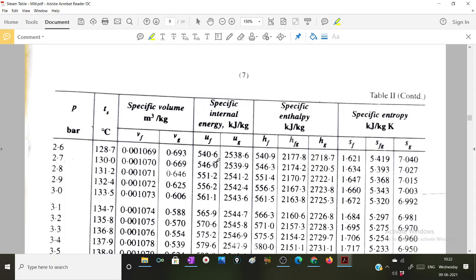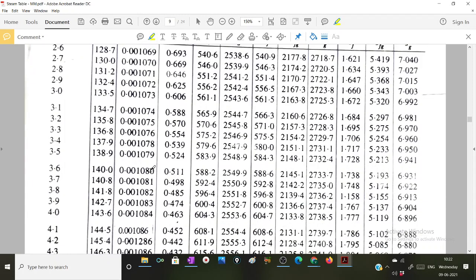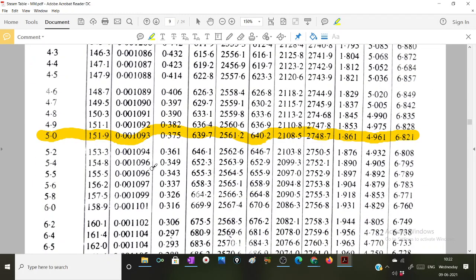And in the sub-columns, the values are given for saturated water first, and then for dry steam. This is Vf. This is Vg. This is Uf.